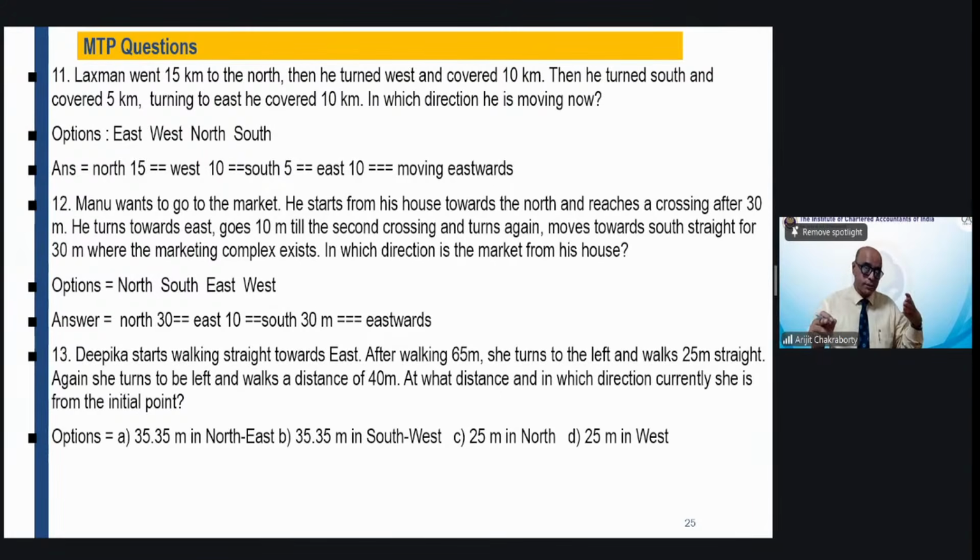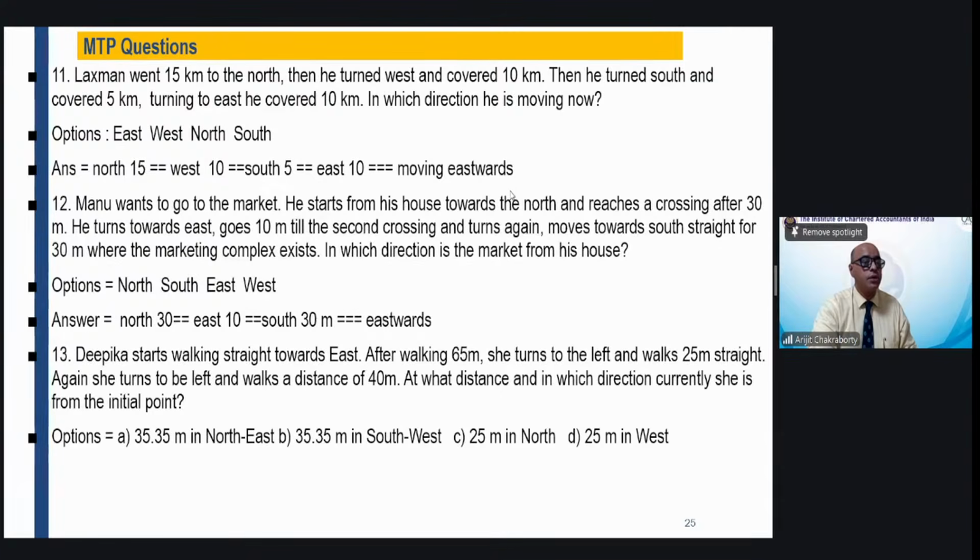The aerial distance will be the square root of 25 square plus 25 square. You know hypotenuse square is base square plus perpendicular square. Here it is a right angled isosceles triangle where both sides are each 25 meters. So option A seems to be the nearest answer.